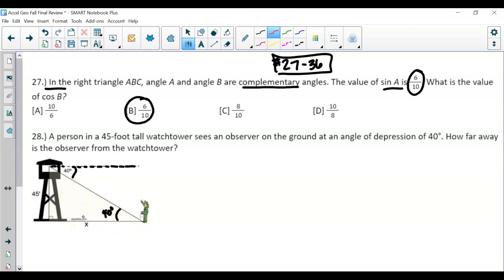So this is tangent. So we have tangent of 40 degrees is equal to that 45 feet over x. So that's why here we're going to solve by dividing 45 by tangent of 40 degrees. So x is approximately 54 feet.